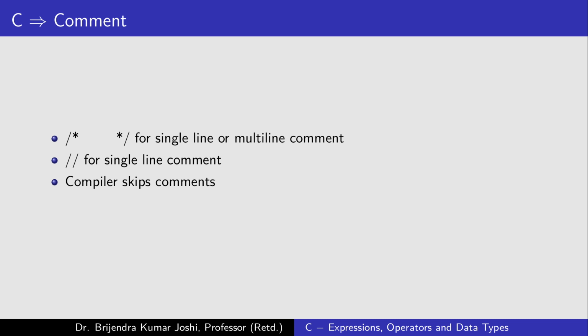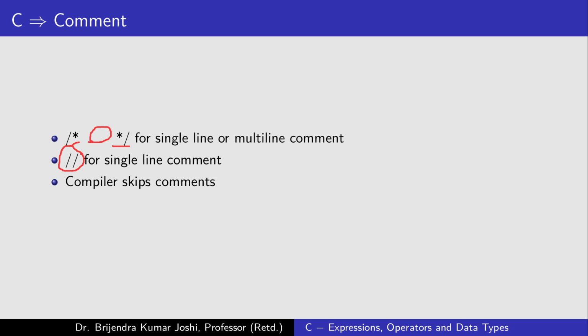Now comes comments. This pair of two letters, that is /* and */, is used to declare single line or multi-line comments. Earlier, double slash was not used for single line comment.